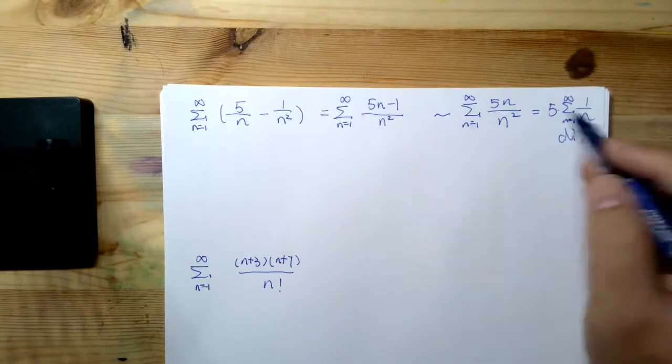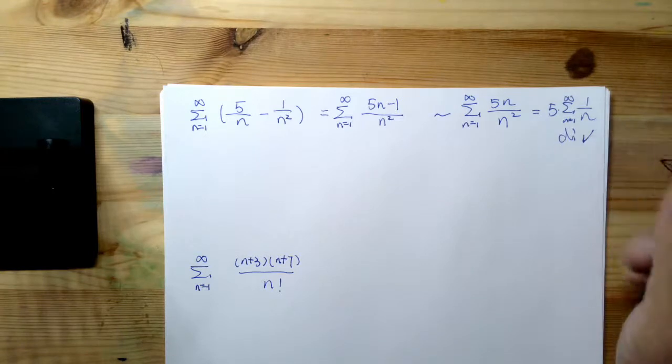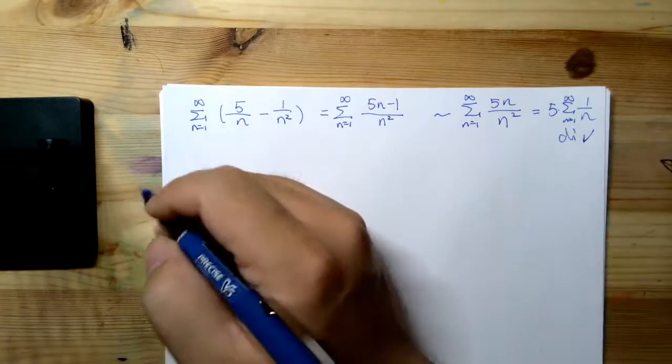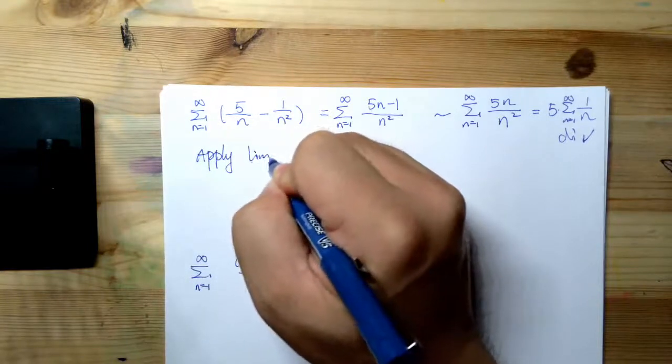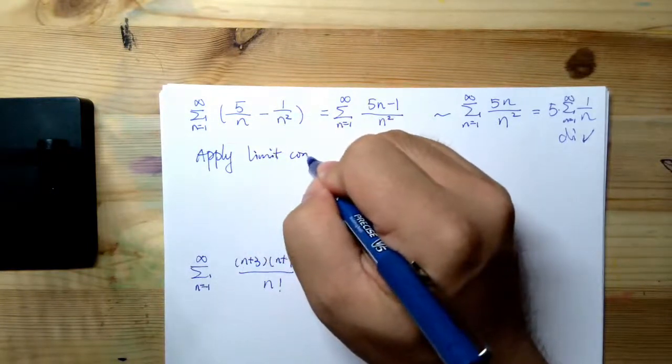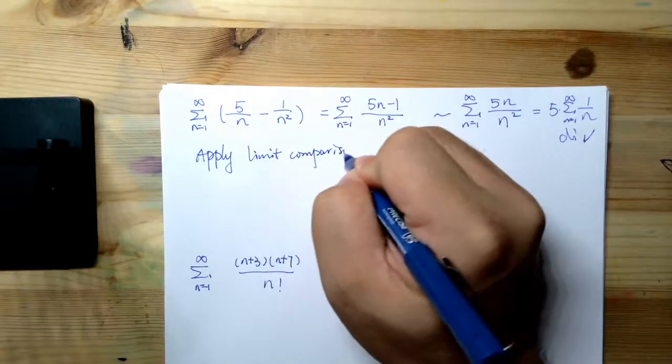So from this observation, what can we tell? We can apply the limit comparison test.